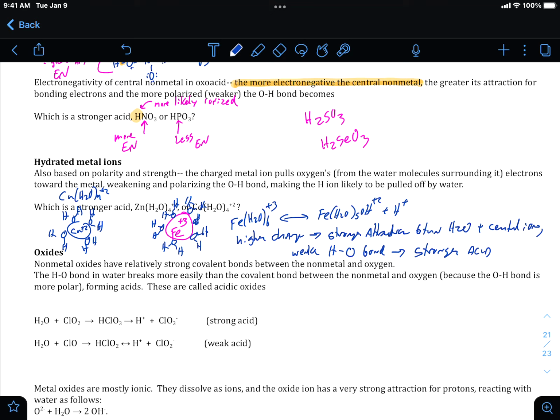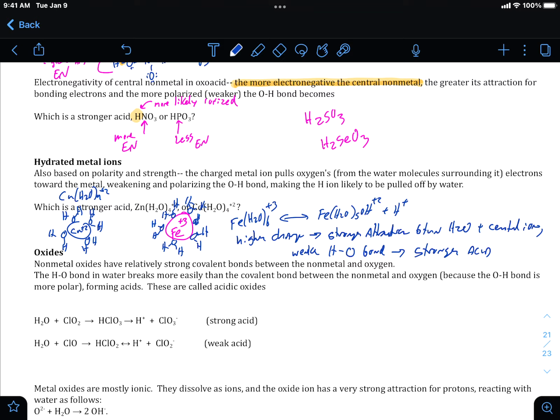Where are they? Transition metals, but are they early transition metals or late transition metals? Towards the right side, right? Zinc, copper, iron. We don't really see acidic behavior so much with scandium or titanium or vanadium.